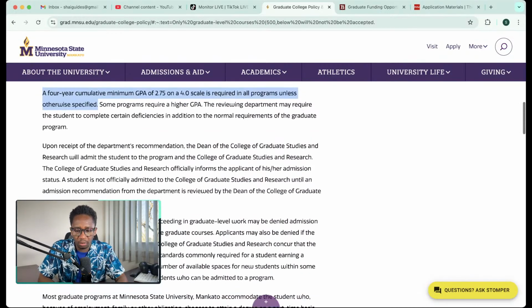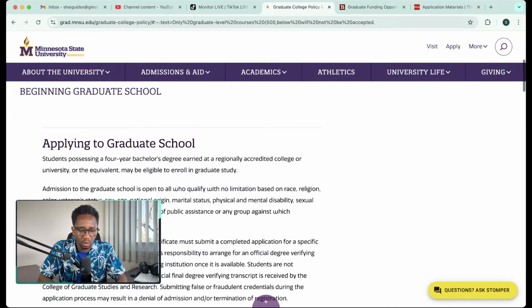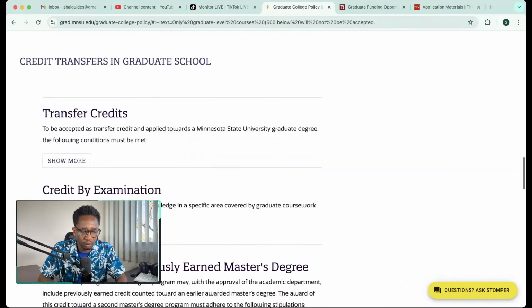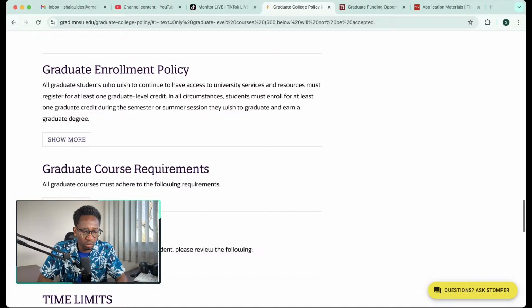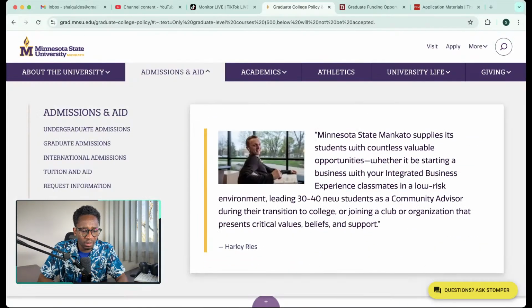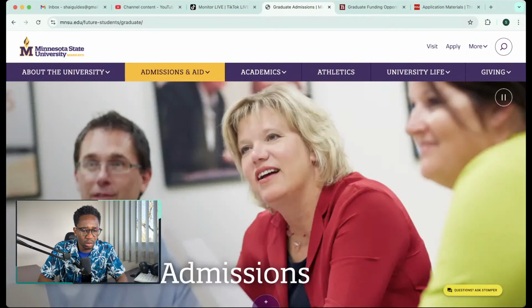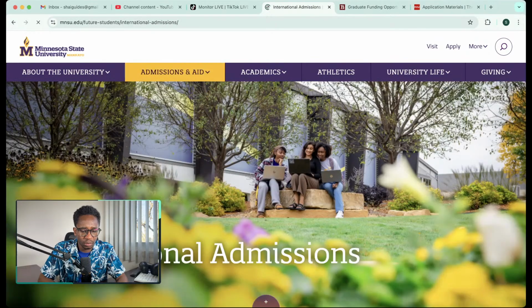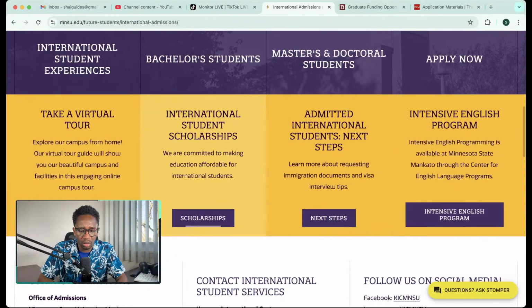Yeah, if you have a GPA that is low, you can look at that as well. And I think, did we look at the financial side? Okay, no. Let's go to international admissions and see.